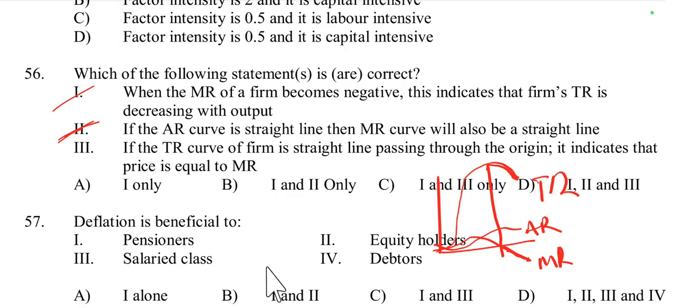So both are true. Then option 3, if the TR curve of a firm is a straight line passing through the origin, it indicates that price is equal to MR. This is also correct because if the TR curve is a straight line passing through the origin, it indicates a constant price for each unit of output, which means that the price is equal to marginal revenue. Typically seen in a perfectly competitive market, where price is equal to marginal revenue.